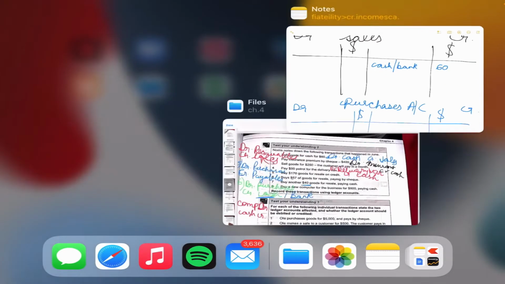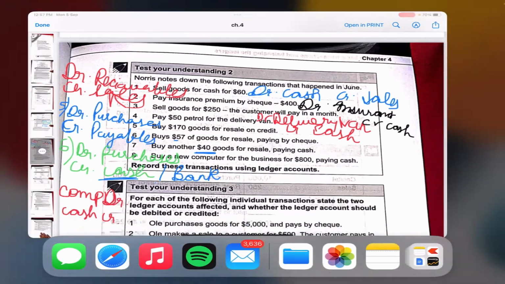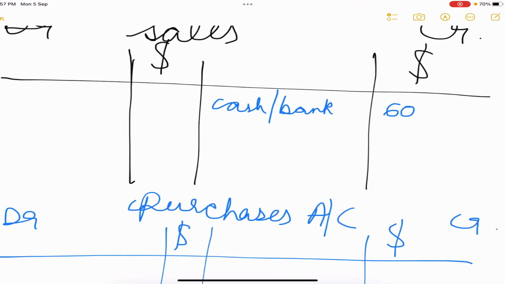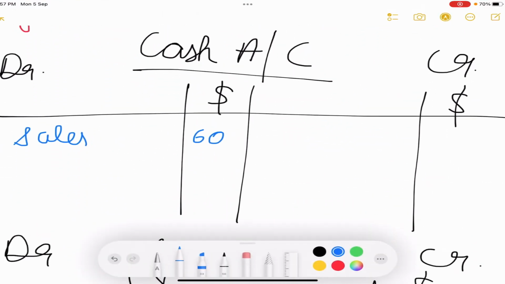Now let's see the second, pay insurance premium by check. So what was our journal entry? Insurance gets debited and cash gets credited, right? So let's go back to the cash account, and the cash account gets credited with insurance. And how much was our insurance? It was 400.